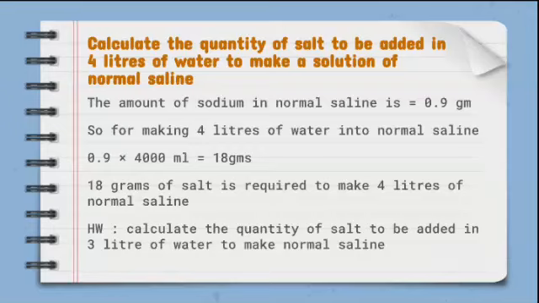If they ask half normal saline instead of normal saline, remember you have to multiply by 0.45 instead of 0.9, because it is half. So you cut 0.9 divided by 2, that is 0.45. If it's confusing, just look at this calculation and do it. Don't go for half normal saline.